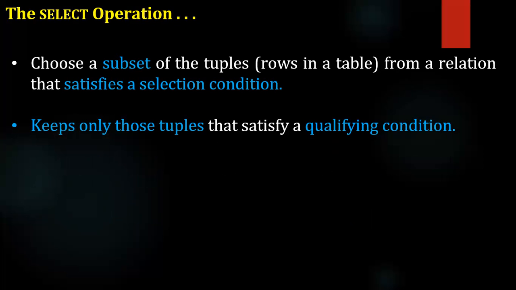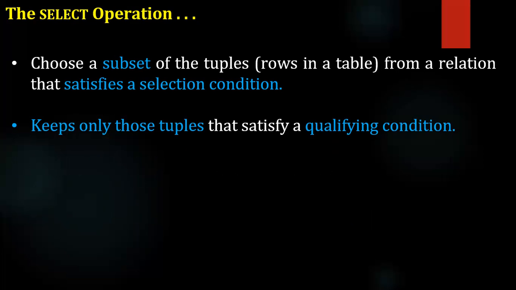The resultant table will keep only those tuples that satisfy a qualifying condition. For example, from 5th semester, I want to retrieve the names of only those students who belong to C section.